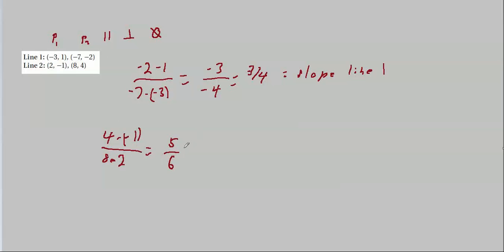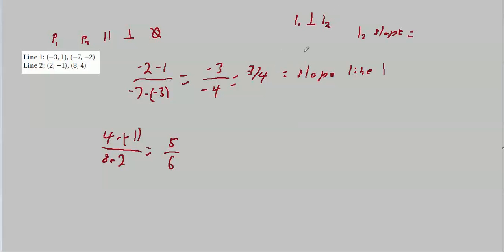Well, if they have the same slope, they're parallel. If they had the negative reciprocal, which in this case was 3/4, so for L1 perpendicular to L2, then the slope for L2 would have to be what?